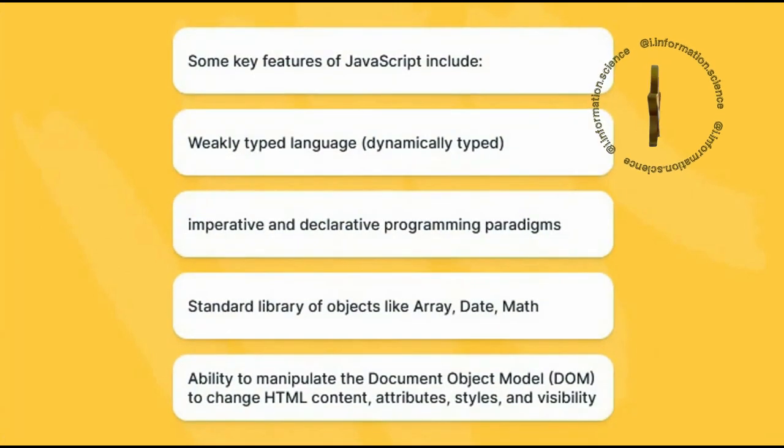Some key features of JavaScript include weakly typed language, dynamically typed, imperative and declarative programming paradigms, standard library of objects like Array, Date, Math, and the ability to manipulate the Document Object Model, DOM, to change HTML content, attributes, styles, and visibility.